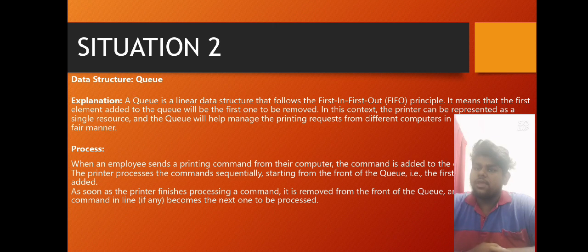As soon as the printer finishes processing a command, it is removed from the front of the queue, and the next command in line, if any, becomes the next one to be processed.